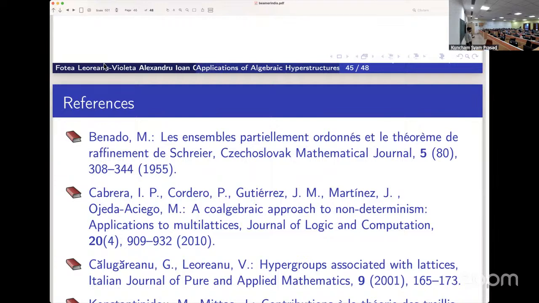A poset which is not a multilattice. A poset is not a multilattice, but in a poset we have only an order. Only an order. But for a multilattice, we must have minimal and maximal elements for upper bounds and lower bounds.